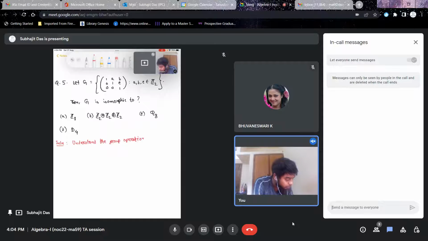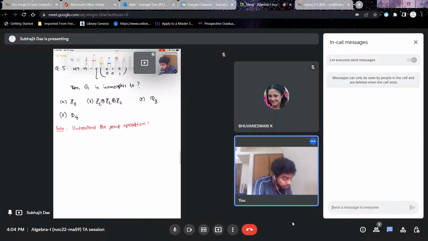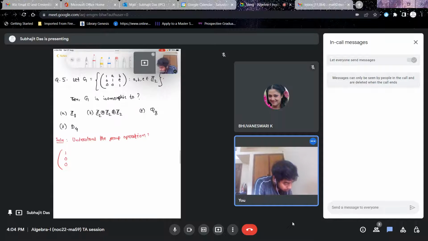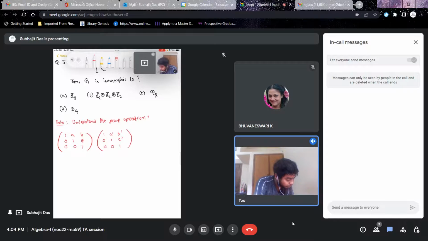You take 2 arbitrary group elements in G. One is 1 A B, 0 1 C, 0 0 1, and you take another element 1 A' B', 0 1 C', 0 0 1. If you take their product, the diagonal entries are all 1, and the entries below the diagonal are zeros.